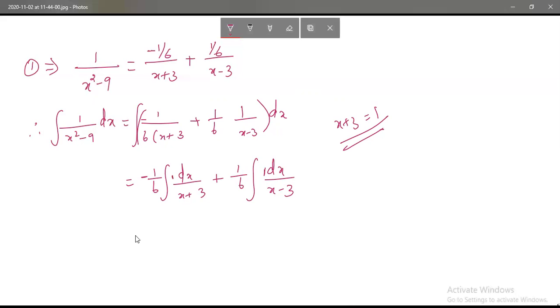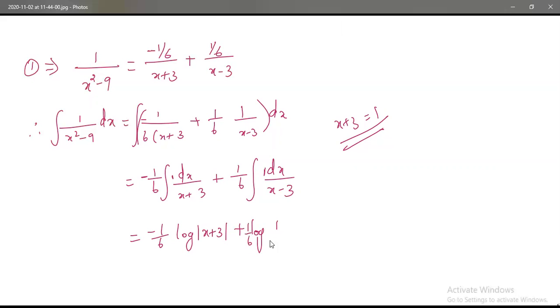So you can directly write it as log of the denominator: minus 1 by 6 log of x plus 3 plus 1 by 6 into log of x minus 3, and all the integrating constants together you can write.